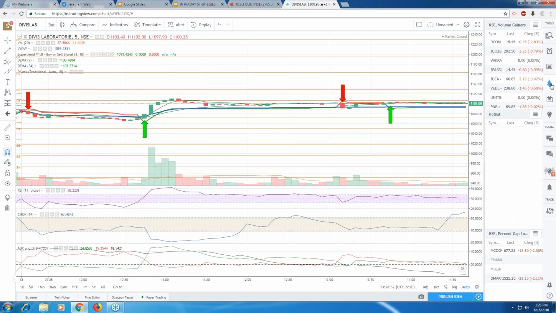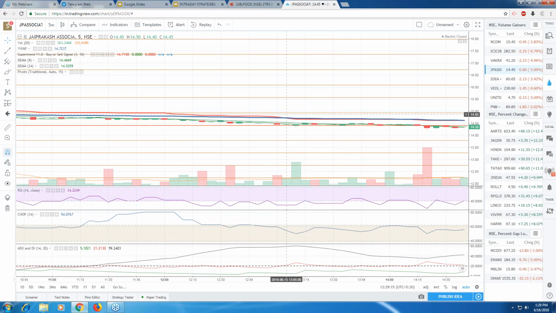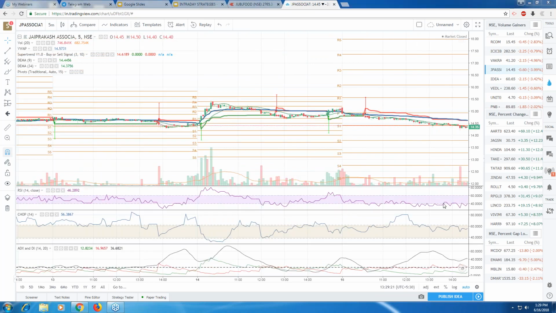For example, the highest volumes were in RCOM, then ICICI, then Vakrangee, then JP Associate, then IDEA, VEDL. Look into JP Associate. So here it is. Here we got the sell signal by Super Trend at around here, right?